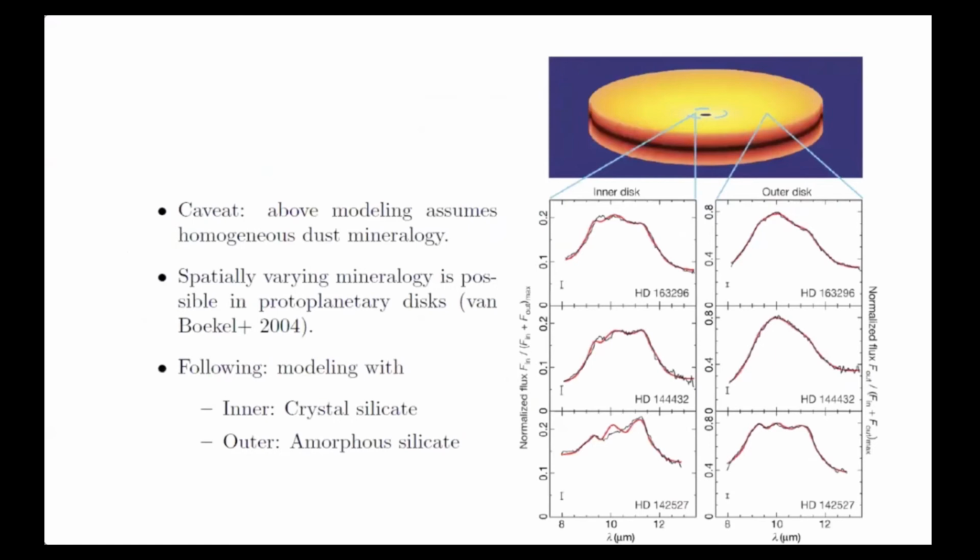Okay, in the above, we assumed homogeneous dust mineralogy. In reality, spatially varying mineralogy is possible around young stars. For example, for several Herbig stars, they have crystalline silicate in their inner region, but have amorphous silicate in the outer region. So we also simulated disks considering such effects.